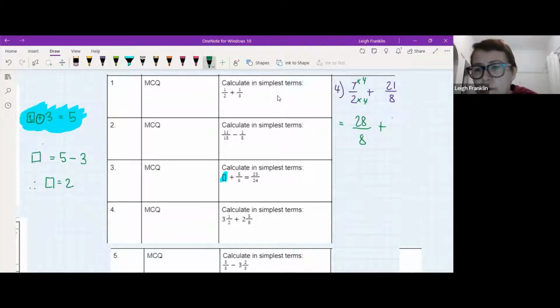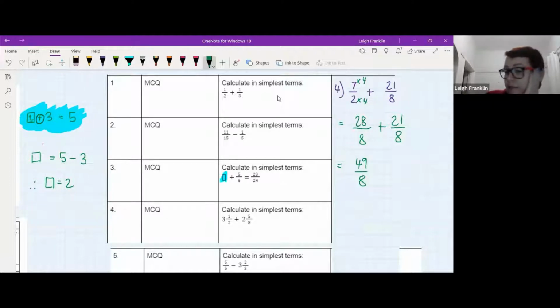Plus 21 over 8. Nice. And what you're going to do last of all? Then you're going to add it and we're going to get 49 over 8. Lovely. Okay, now at high school, you're allowed to leave it like that. But at primary school, if they make you write it as a mixed number again, what would you do now, Devon?